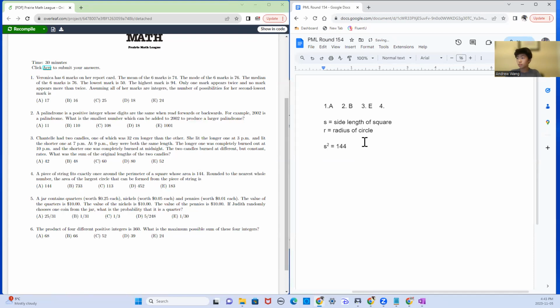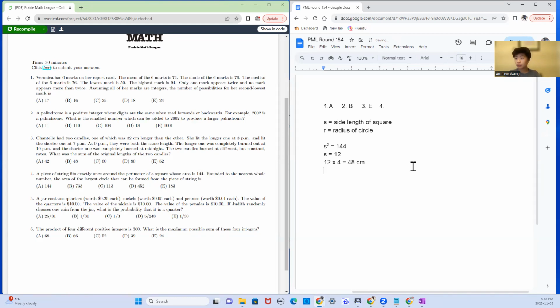S squared is equal to 144, because the area of a square is base times height, and since the base equals the height, it's just the square. So S equals 12. That means the perimeter, since there are 4 sides each 12, is 12 times 4, which equals 48. So now we know the length of the string is 48 centimeters.